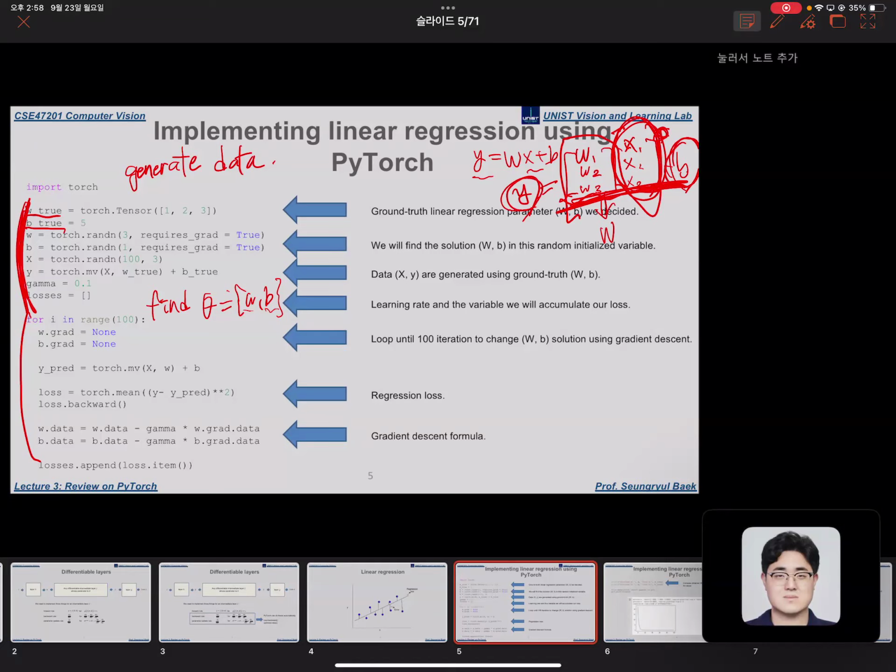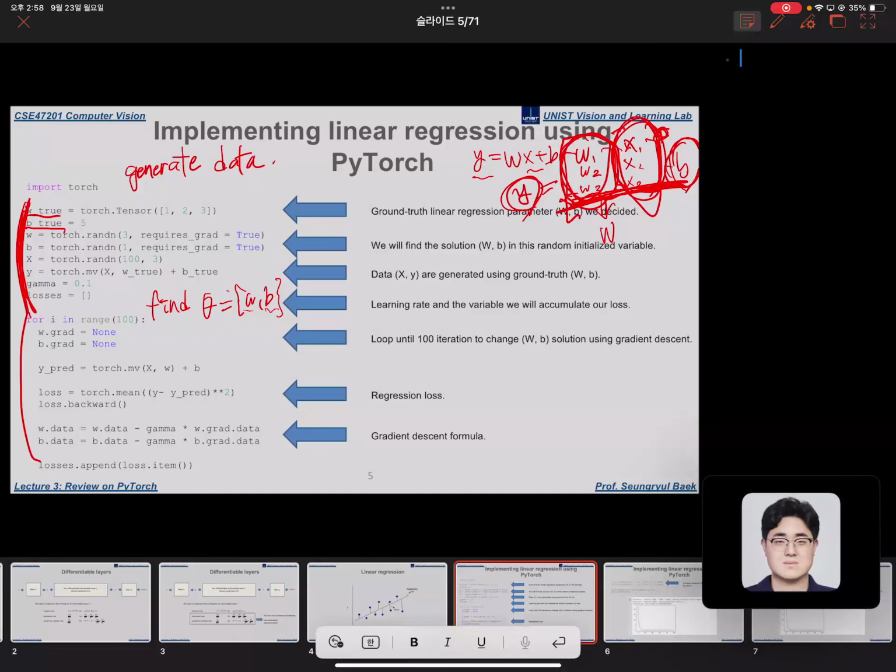So our aim is finding this W matrix and also the B constant given many Y and X pairs. We call this pair the data, so we have to secure many of these pairs.